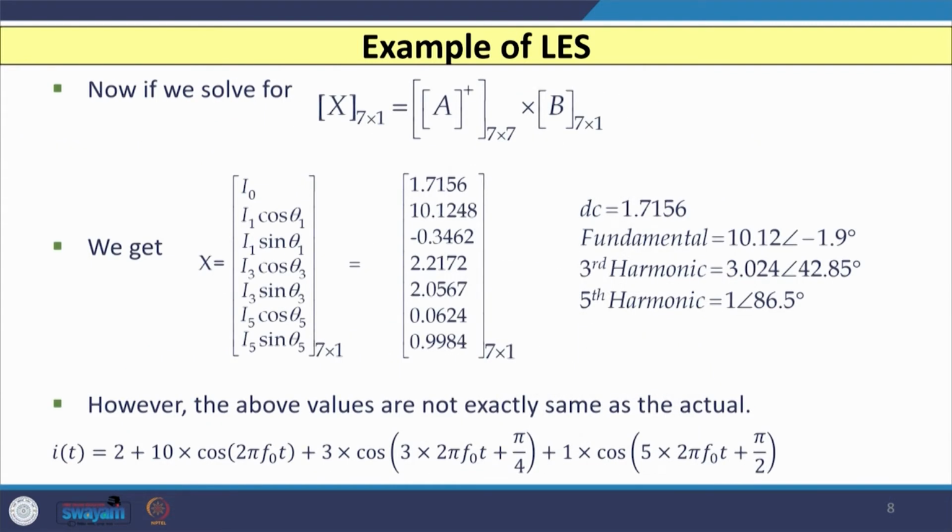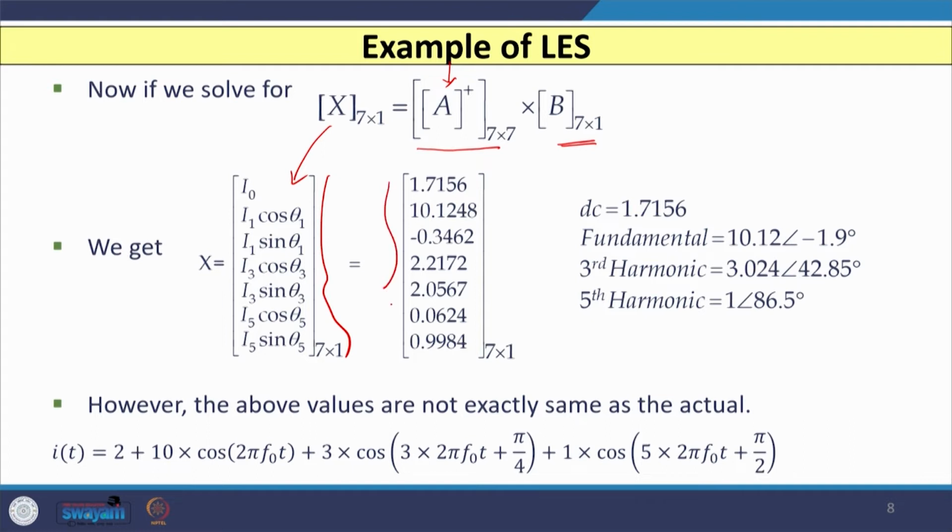When you do that, as I told you, you have to take the pseudo inverse. That is, the pseudo inverse is nothing but A plus, the size of which is 7 cross 7, that is a square matrix, and that is multiplied with the sampled vector. If you do that, then you will have the value of x, these 7 terms.